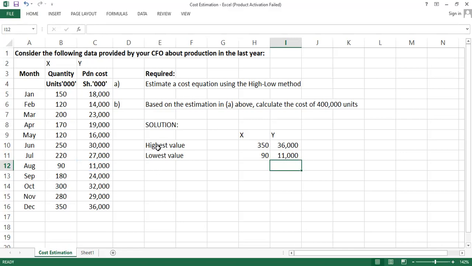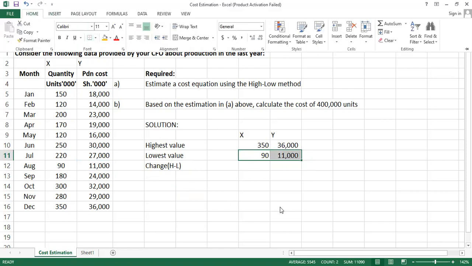I have said that based on the highest and the lowest values, what we need is change. And by change, I mean the highest value less the lowest, highest minus lowest. So that I can underline this.